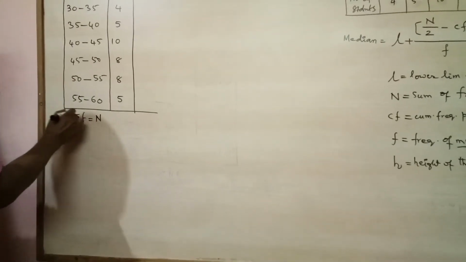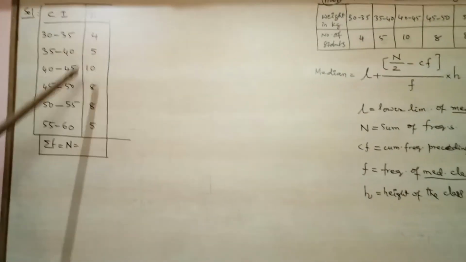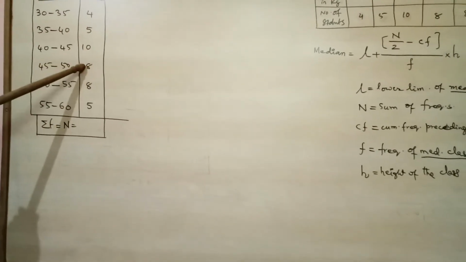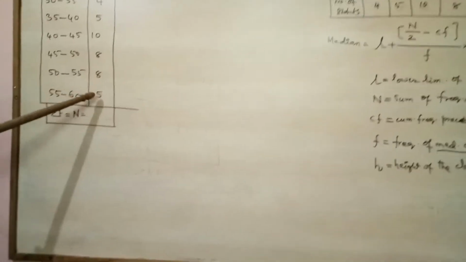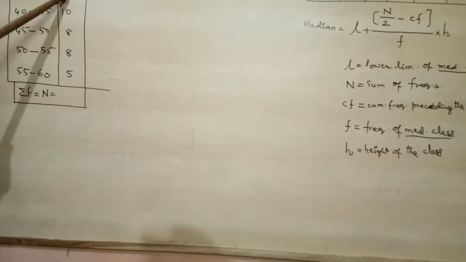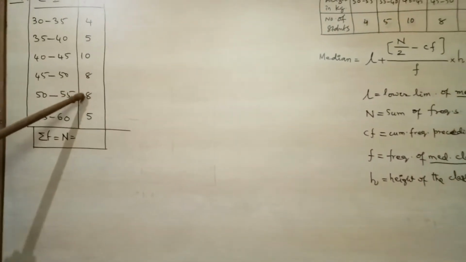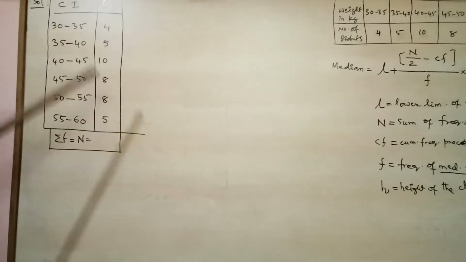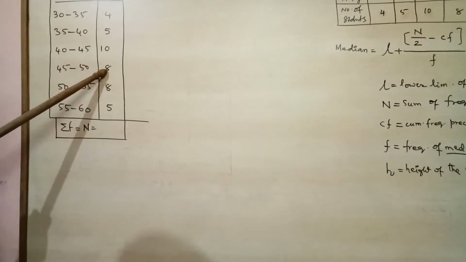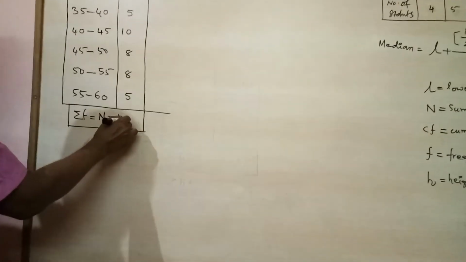Sigma f means the sum of these: 4, 4 plus 5 is 9, 9 plus 10 is 19, 19 plus 8 is 27, 35, 40. Here 40 is the N value.